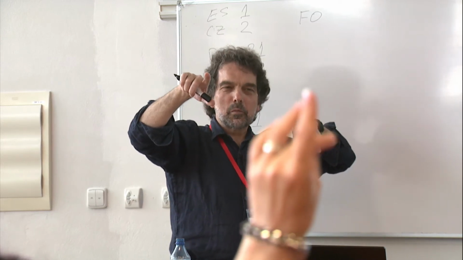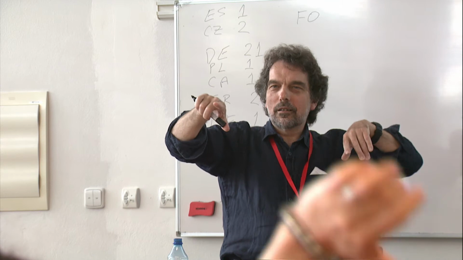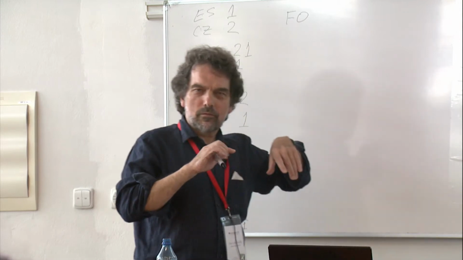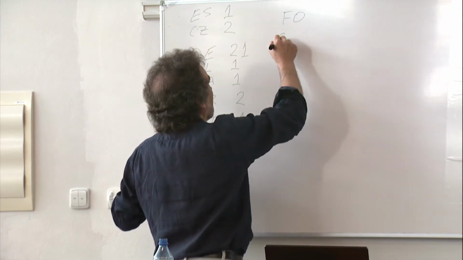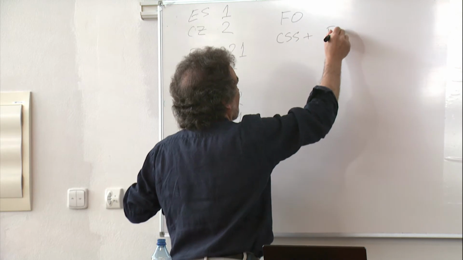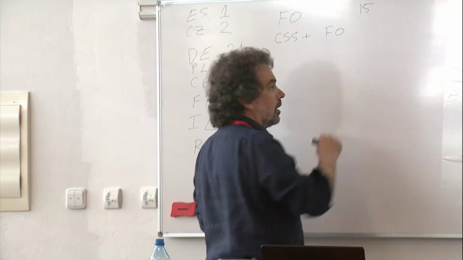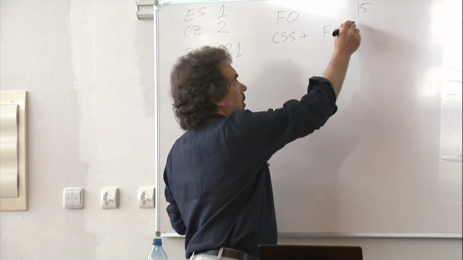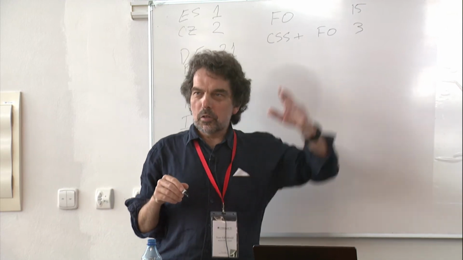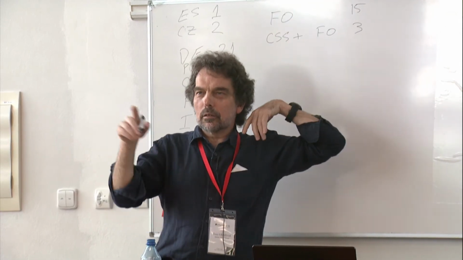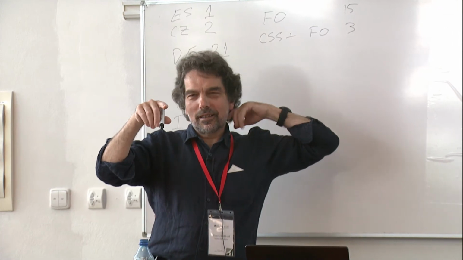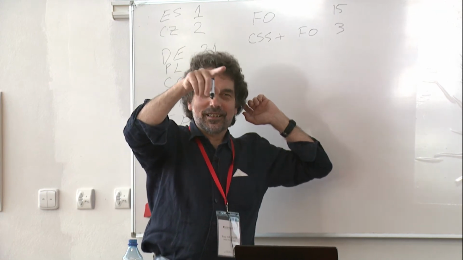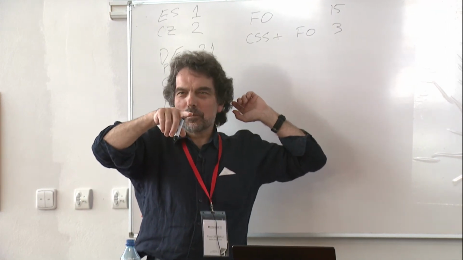I'm going to get the FO people to put their FO hand down. 1, 2, 3. We only have 3 doubles. Oh no, I didn't. That was 15. CSS. Who's using CSS? Many. 1, 2, 3, 4, 5. Oh yeah, I lost. I'll just subtract 3 from the number. Right, 1, 2.